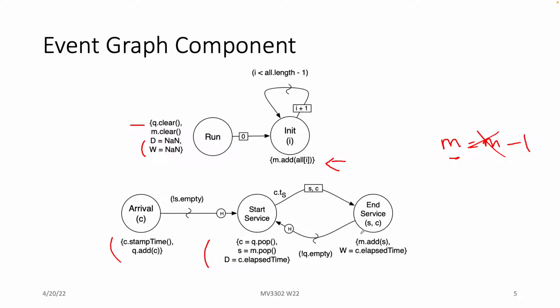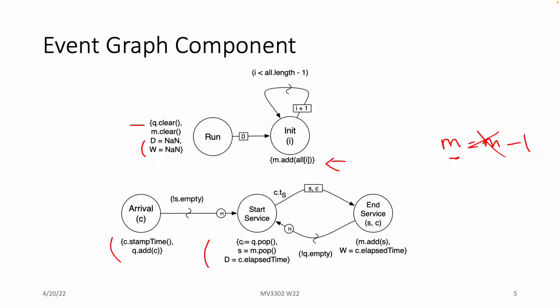If I want to take something off, here I'm popping, and if we're using sorted sets as we are in the Java, then we have to do this little dance of getting the first one and removing that one. But conceptually, it's the same situation as I was describing before.